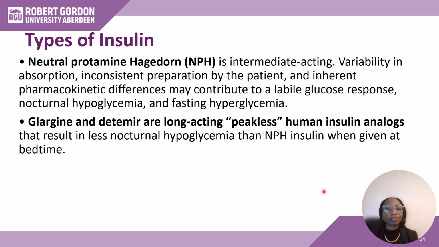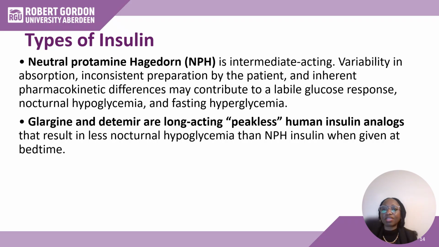Okay. And then we have the neutral protamine Hagedorn, the NPH, which is an intermediate-acting insulin that provides longer coverage, but it can be variable in how it is absorbed. This can lead to inconsistent glucose control, nocturnal hypoglycemia, or fasting hyperglycemia.